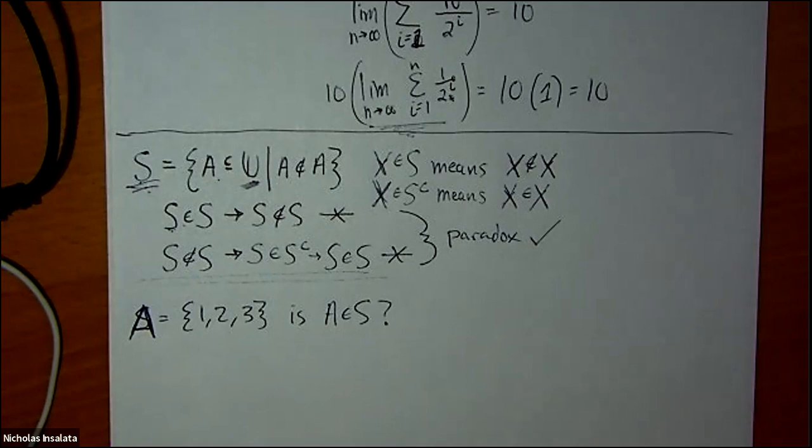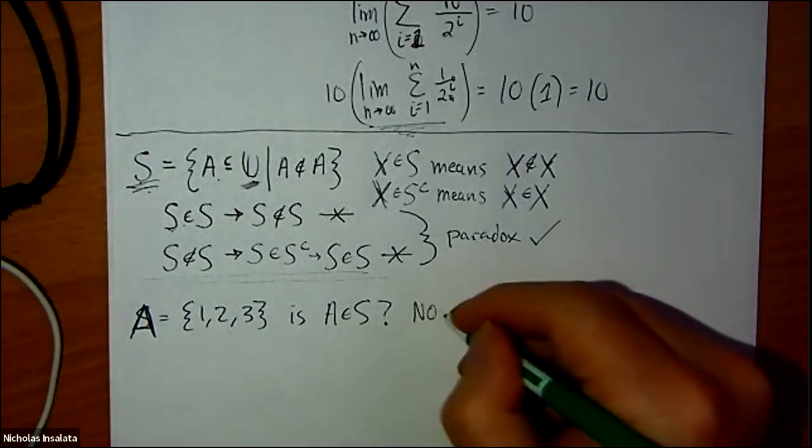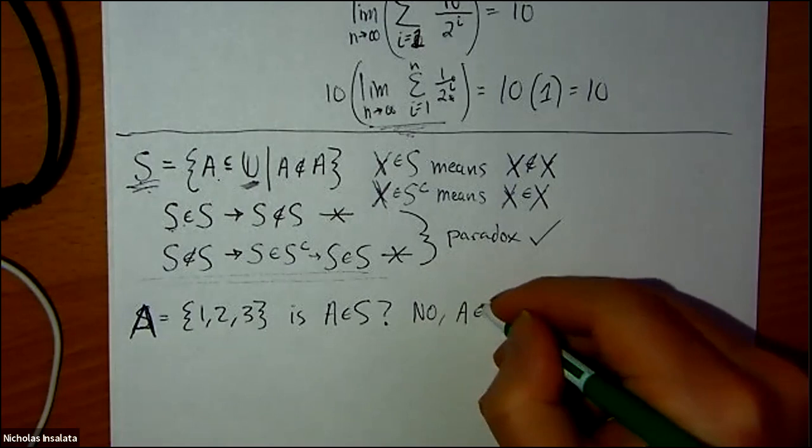So this should be an easy question. Is the set {1, 2, 3} an element inside of the set {1, 2, 3}? No, right? The only things inside of this are 1, 2, or 3. The set {1, 2, 3} is not a part of it. No, A is not an element of A.